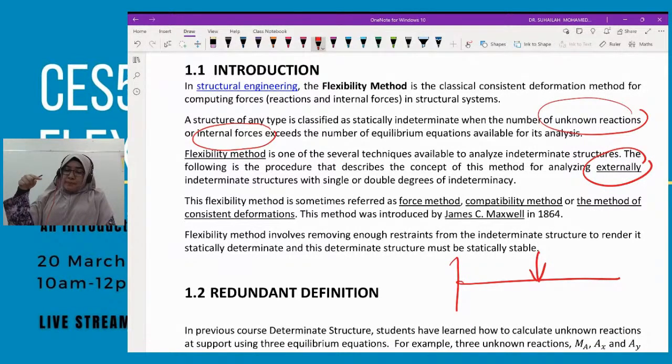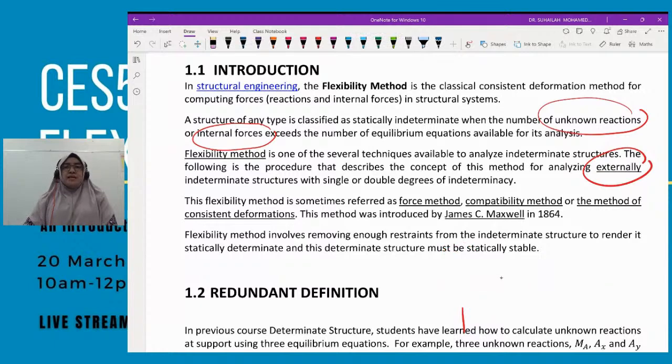So when this beam is subjected to external load, that is why we get reaction value. Ada moment semua ni kan? Ada moment. So in this case, this is externally indeterminate. So bila ada roller pula kat sini, so dia akan jadi externally indeterminate. Okay, so we have another one called internally indeterminate, yang tu untuk thrust.